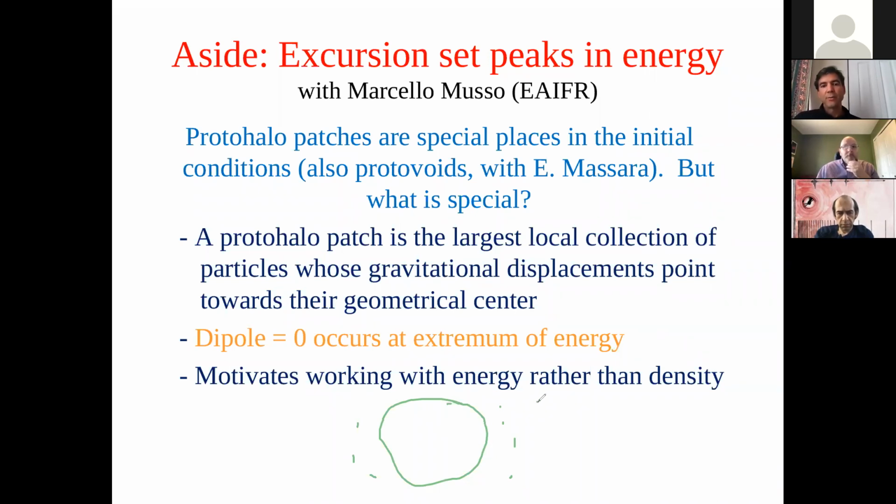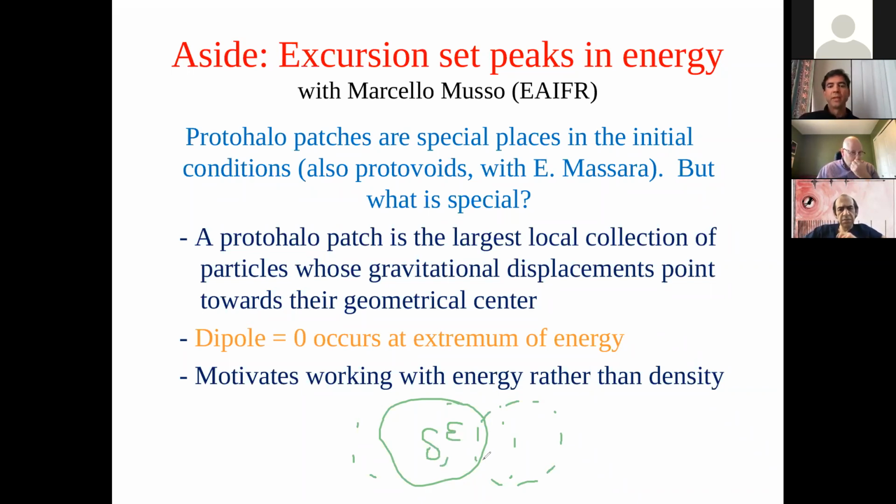Then I can compare it with the density smoothed on this same scale, but at a slightly different position, right? And I can ask, is it higher here than here? Okay, I see. And then I can do the same, but instead of computing the density delta here, I can instead compute the energy, which I'll call epsilon.